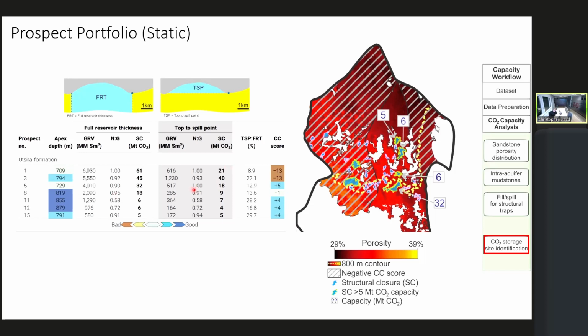We included 2 other prospects within this area. This area is a suitable depth, but these prospects have a negative containment confidence score. The reason we've included them here is that we've used a seal interval thickness of 50 meters, but we've picked an arbitrary number there. As more work is done on seal integrity and mudstone geomechanics, you could work out that you actually only need, say, a 30 or 20 meter mudstone for this aquifer to store CO2.